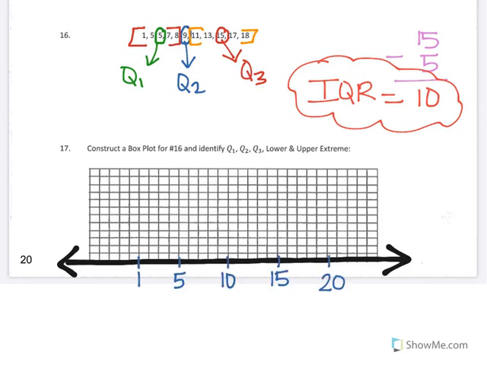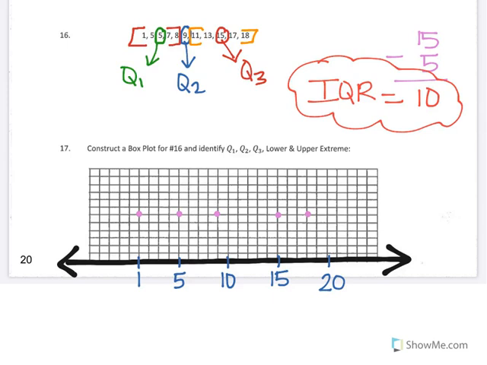And then I'm going to make my dots at the lower extreme, quartile 1, quartile 2, quartile 3. Notice these are all on the same horizontal line, and the upper extreme, which is at 18, right here.